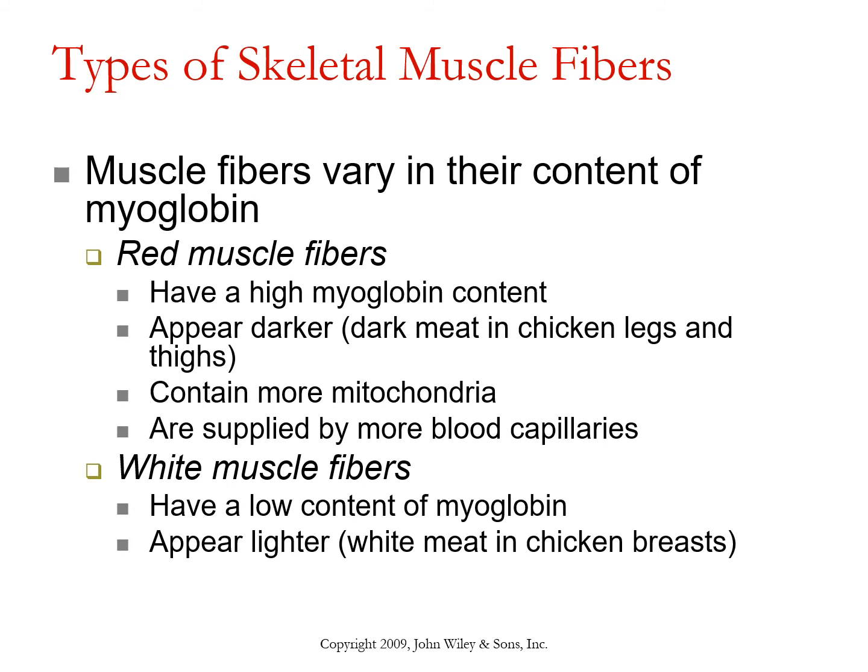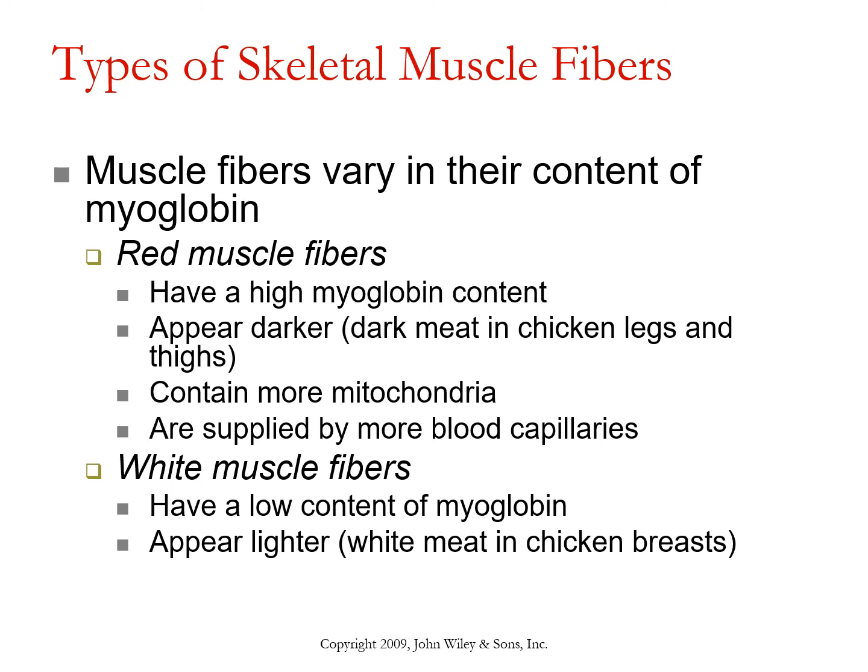White muscle fibers have a low content of myoglobin and therefore appear lighter and contribute to the white meat in chicken breasts. These tissues with a high abundance of white muscle fibers are located in areas of the body where short bursts of intense energy are required, such as the breasts in chickens, which is used to power their wings for flying, or in humans, in the shoulders and arms for things like throwing, catching, or manipulation.